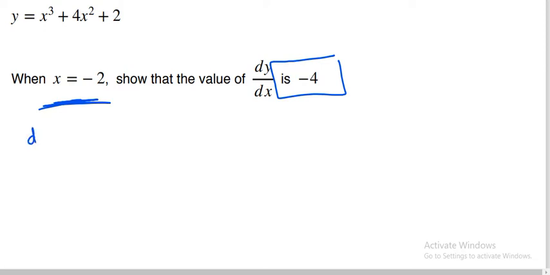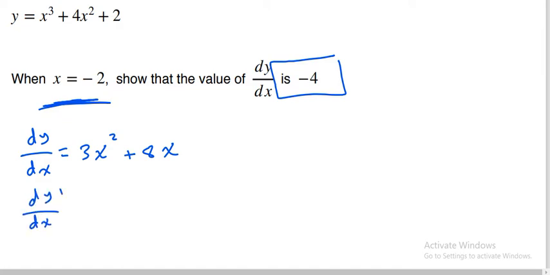So here dy by dx equal, no root, no denominator, no bracket, it will be 3x to the power of 2 plus 8x, and the last part equals 0. So the value of dy by dx at x equal negative 2 is 3 multiply negative 2 power 2 plus 8 multiply negative 2.